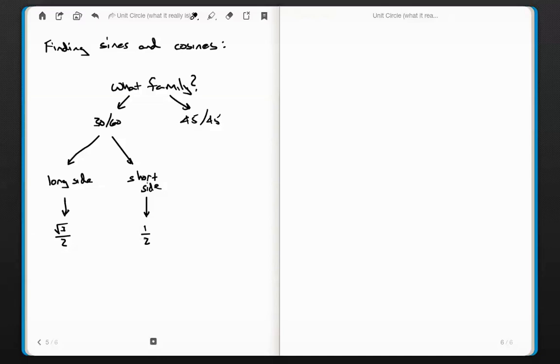All right, root 3 by 2 and 1/2. So then you know, is it positive or negative? And then same deal over here. Is it positive or negative?